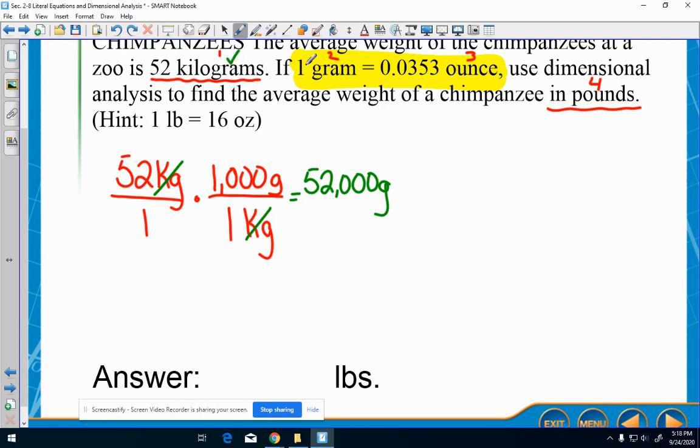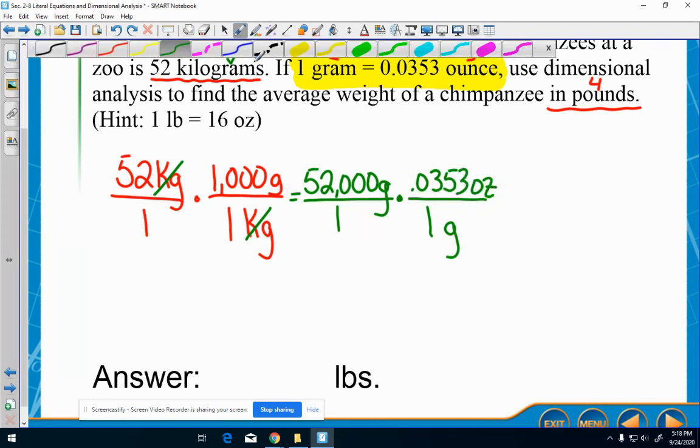Now I'm going to use this conversion right here that's highlighted to get from the metric system into the US system. So I'll make another proportion and I'll multiply that by this statement here. Again, following the idea that I would like to remove the gram label and replace it with the ounces. So that means 1 gram on the bottom and 0.0353 ounces on the top.